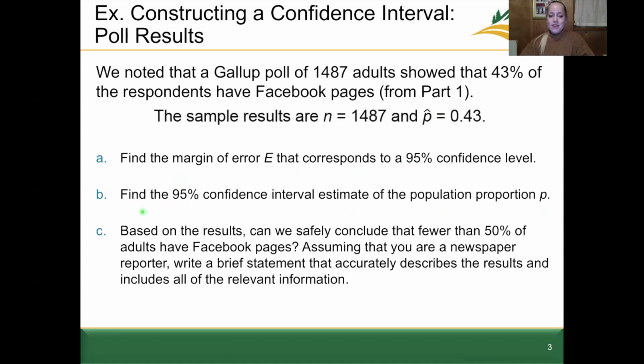Then we'll go through this style of question: based on these results, can we safely conclude that fewer than 50% of adults have Facebook pages? For some context, we might have to write about a result like this, so we can assume that we are newspaper reporters writing a brief statement that accurately describes the results and includes all the relevant information.